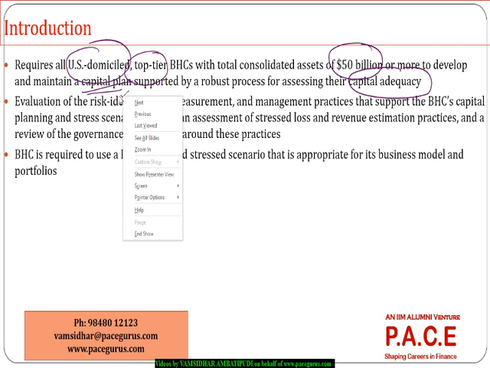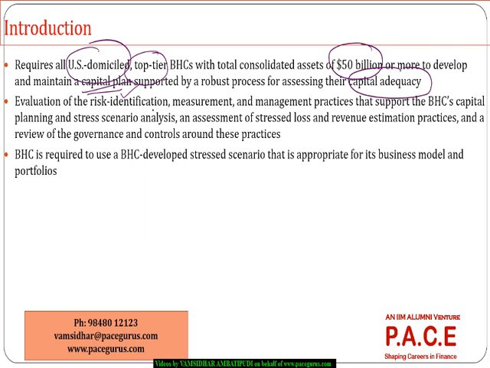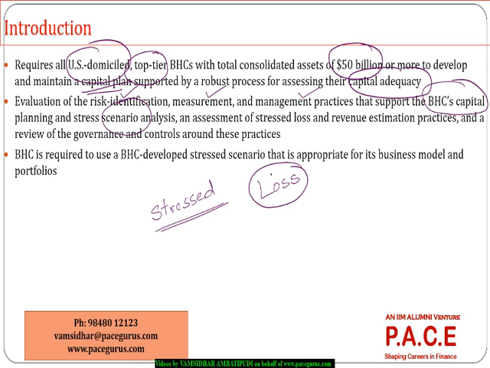On a regular, continuous basis, they have to evaluate their risk identification processes, risk measurement processes, and risk management practices, and all these practices should be linked with the capital planning process, the stress tests, and the stressed scenarios that they have to create to assess what kind of loss the bank can incur under the stressed scenarios.